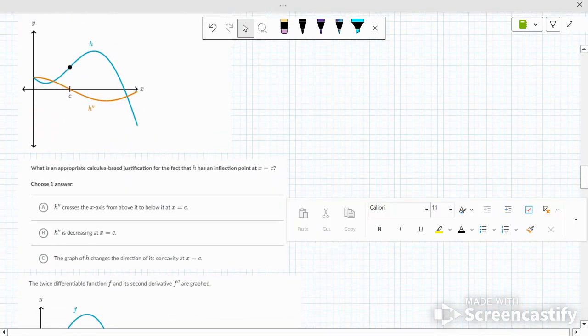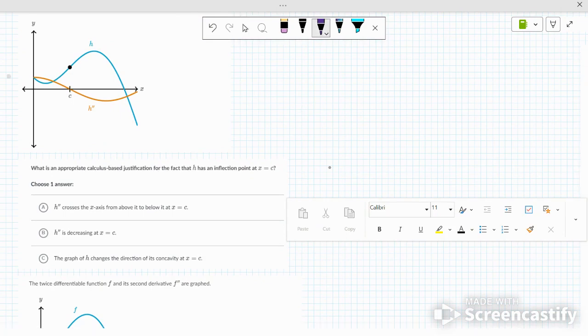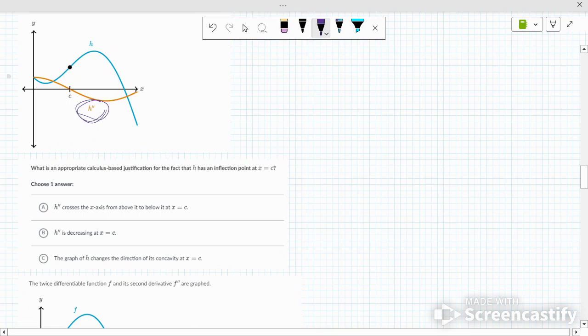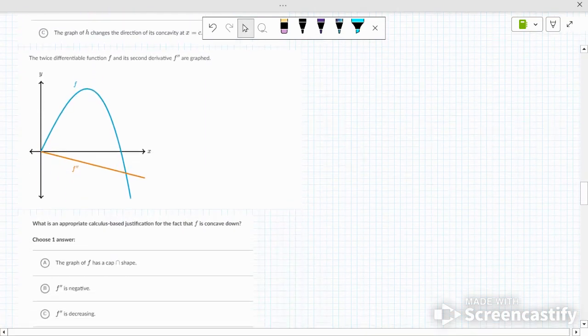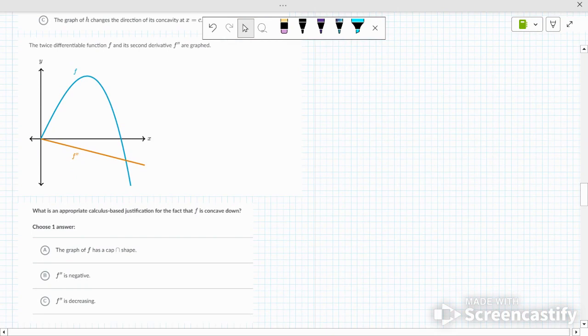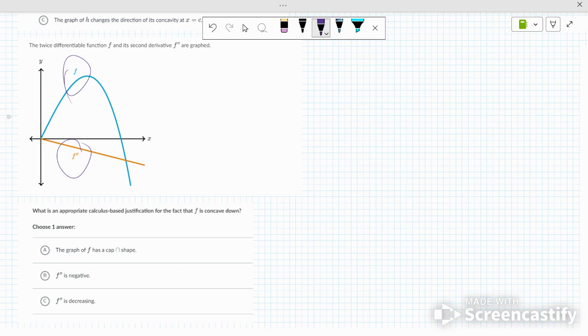What's the appropriate calculus-based definition that we have an inflection point? So this is the second derivative. Well, an inflection point happens where the second derivative crosses the x-axis. Okay, when the second derivative crosses the x-axis, we have an inflection point. Okay. Here's a regular function. Here's the second derivative.